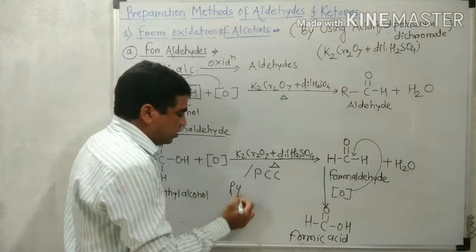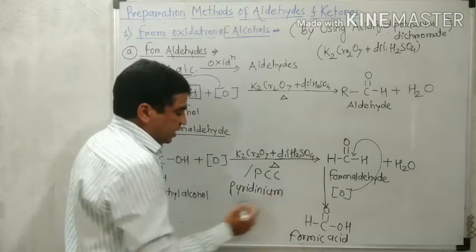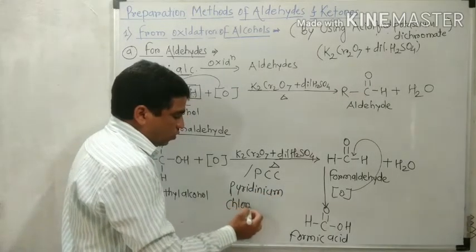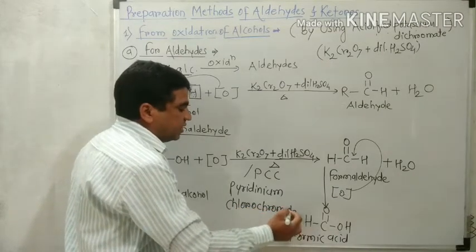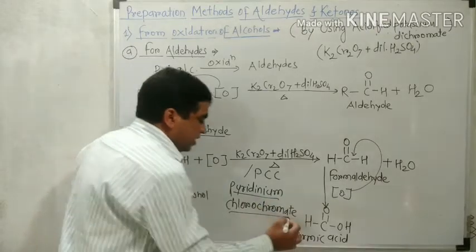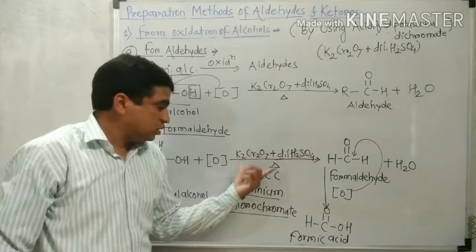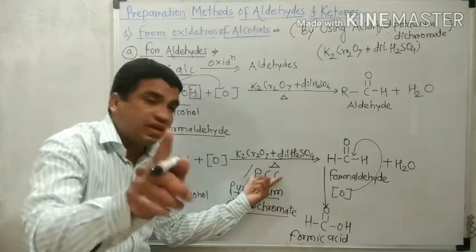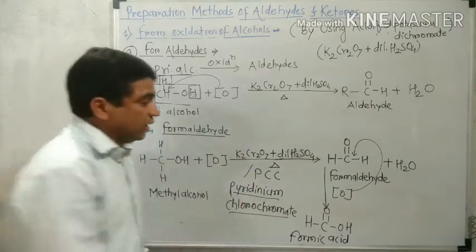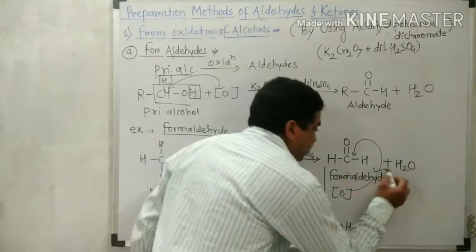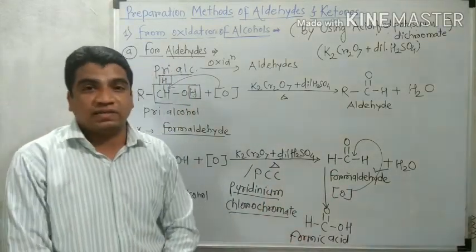The full form is pyridinium chlorochromate, which is a mild oxidizing agent. If we use PCC as the oxidizing agent instead of K2Cr2O7 and H2SO4, the reaction stops at the stage of only formaldehyde. There is no further oxidation of formaldehyde into formic acid.